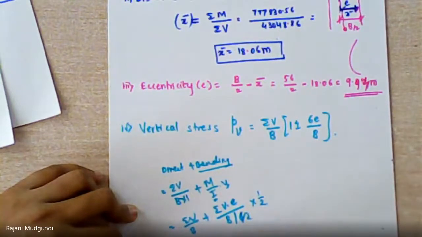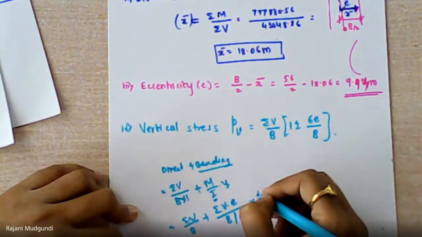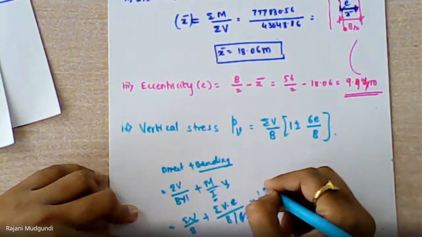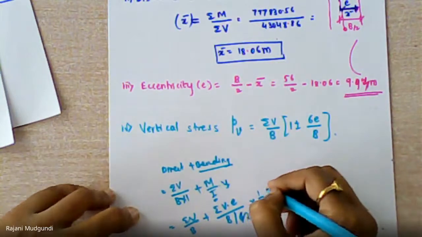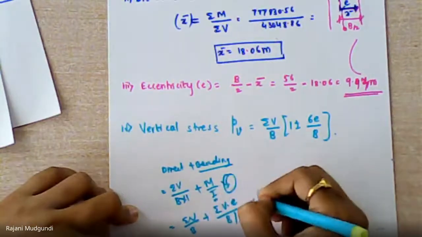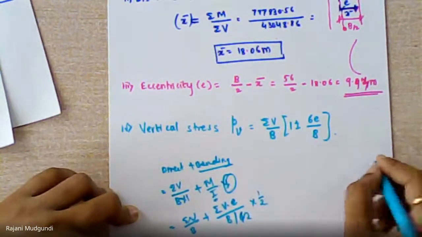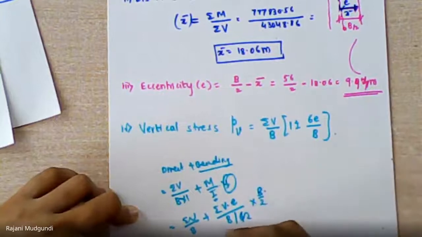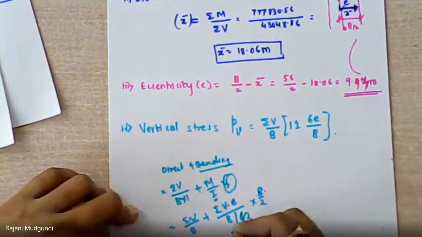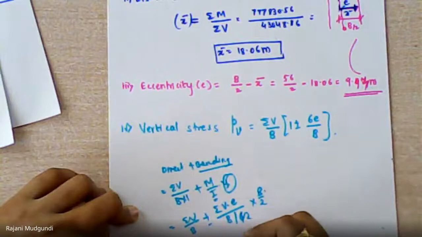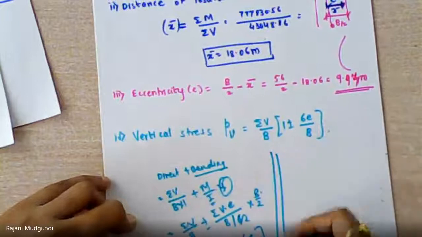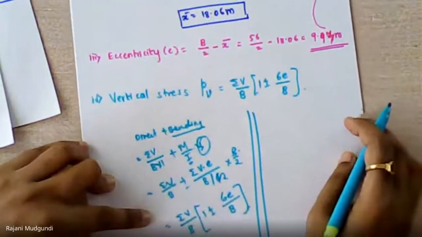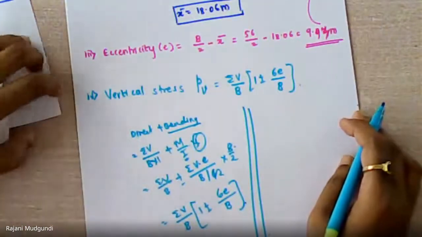Therefore, if you take summation V by B as common, Y will be the distance B by 2. So therefore 1 plus or minus 6e by B. This is the formula by applying the concept of direct and bending stress.